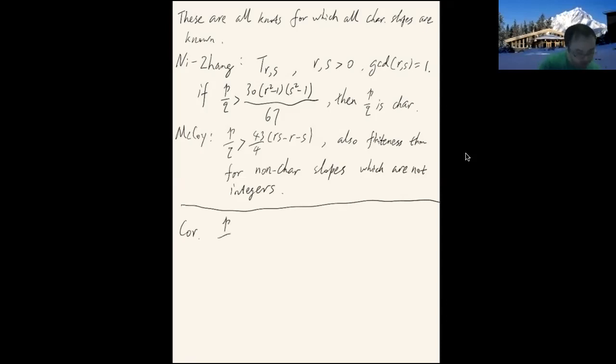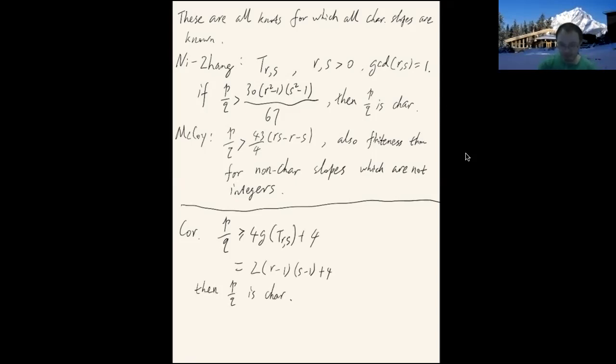Okay. But if you use our main theorem, a corollary of it is that we can get an even better bound. So if P over Q is greater than or equal to 4g(T(R,S)) plus 4, which is just 2 times (R minus 1)(S minus 1) plus 4, then P over Q is characterizing.